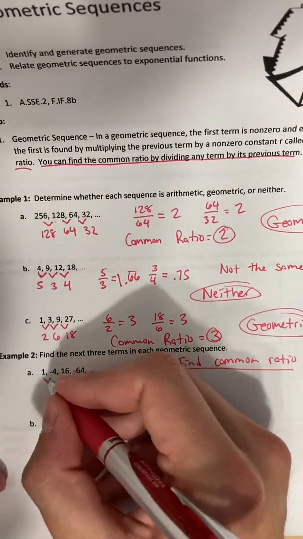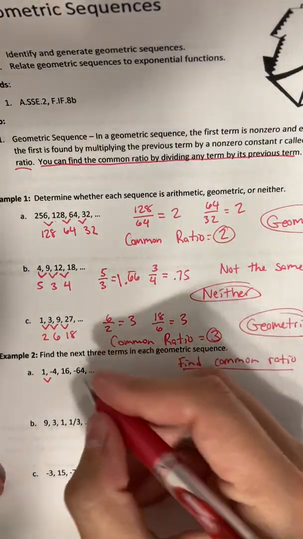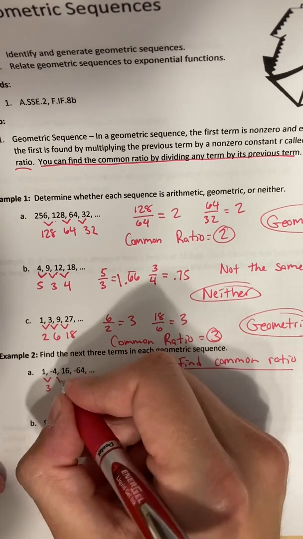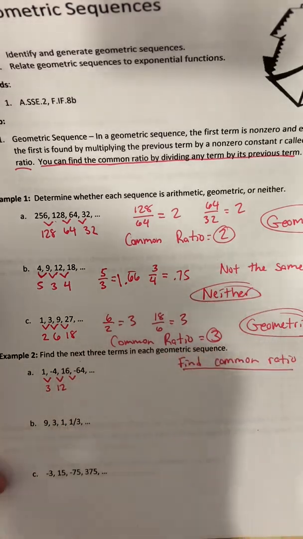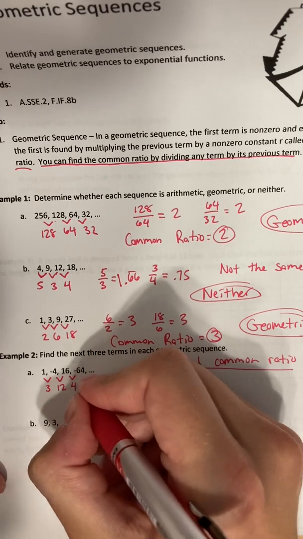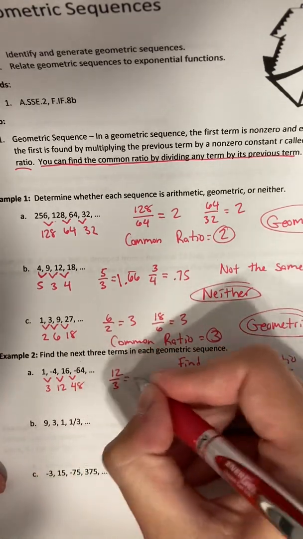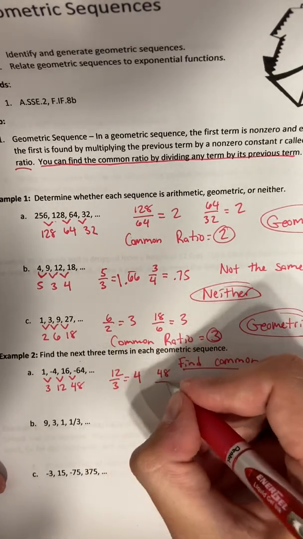So the differences here, ignore the negatives for now, okay? So we're going to say that the difference here is 3. The difference here is 12. And the difference here is 48. So let's take 12 over 3. I know that to be 4. And 48 over 12.